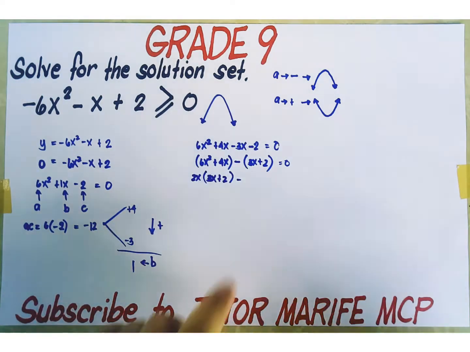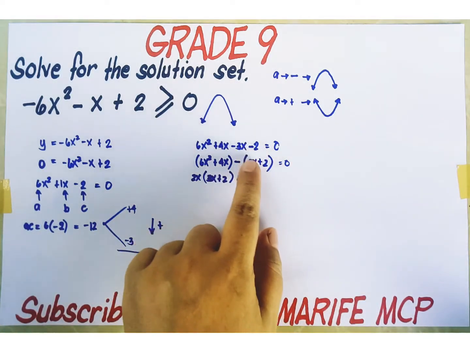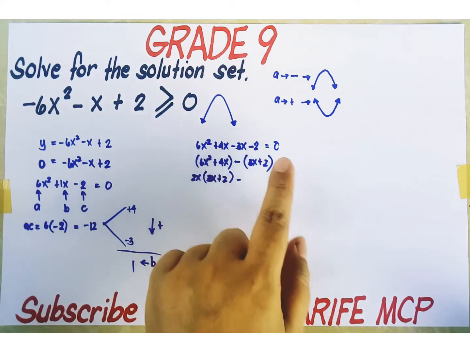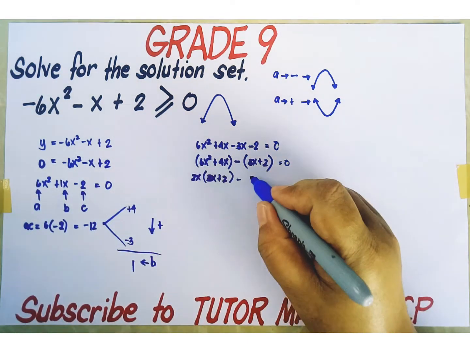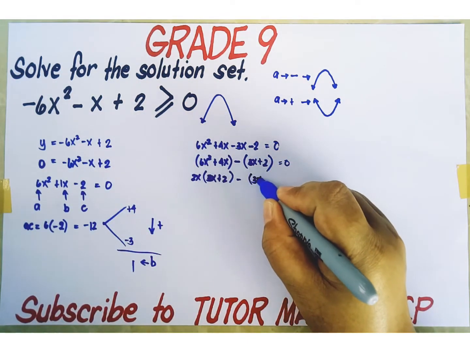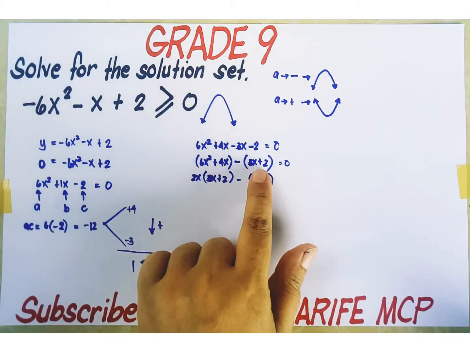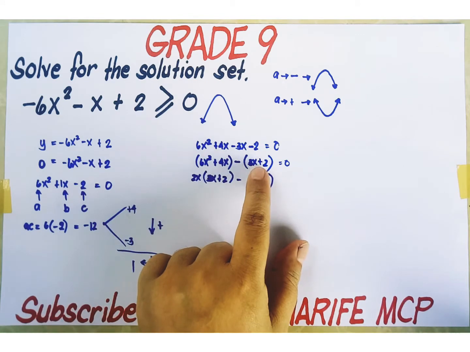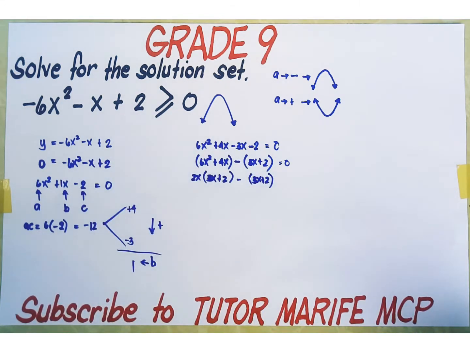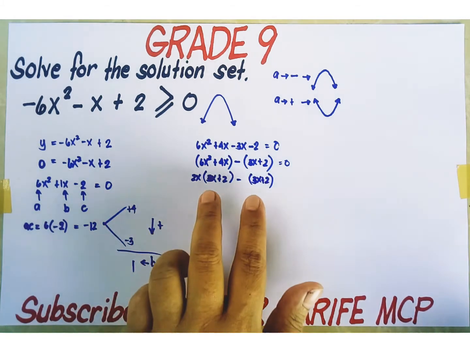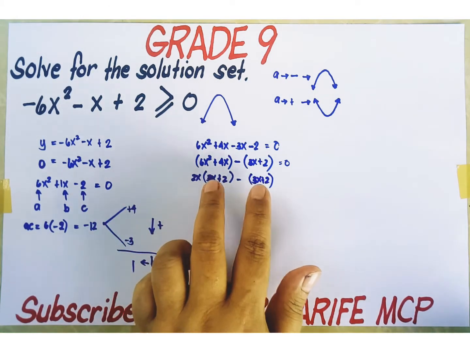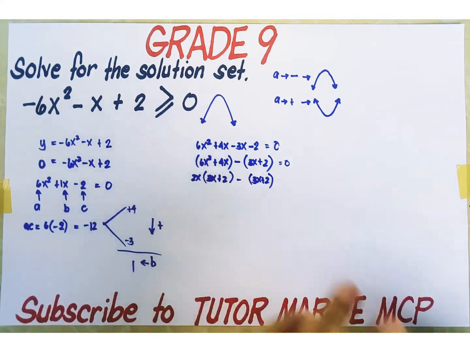And it happens that the second group is prime or unfactorable. So we just copy the second group. In case the second group is also factorable using the GCF method, you should factorize it. Your goal is to have a common binomial factor.